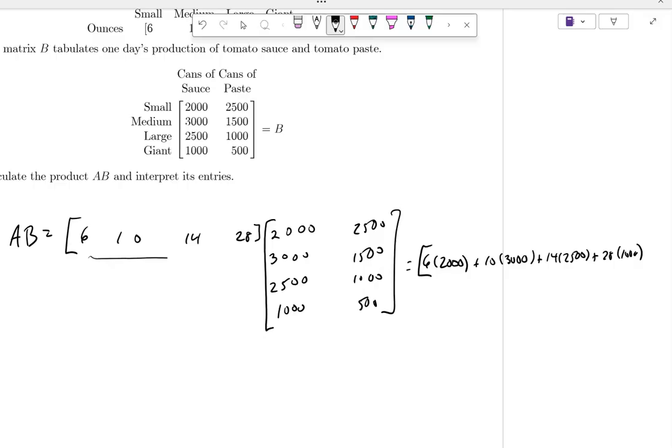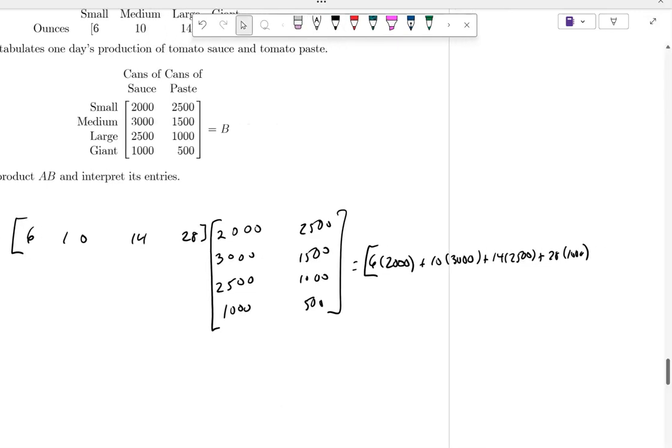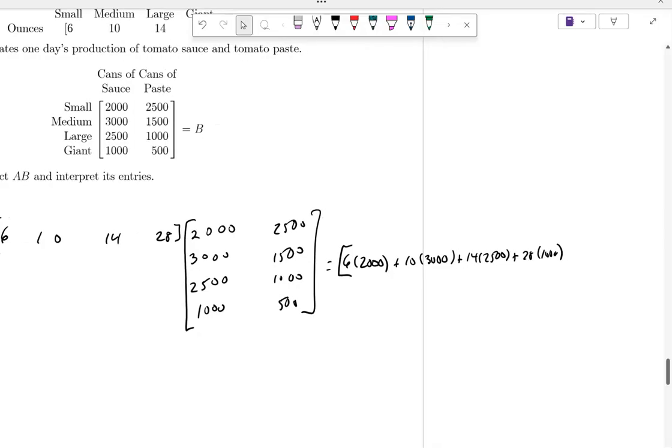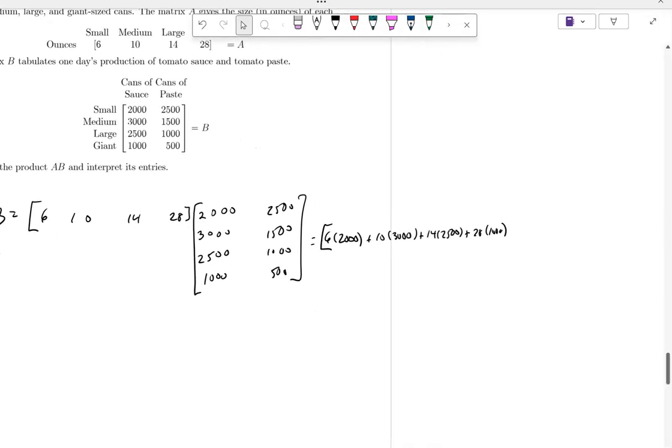Again, we're taking row times the column that way, right? Okay. How about the second entry going across here? Running out of room. The 6 times the 2,500. Good.